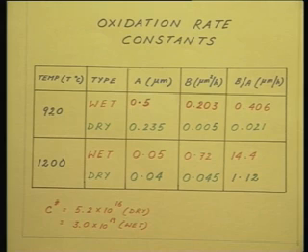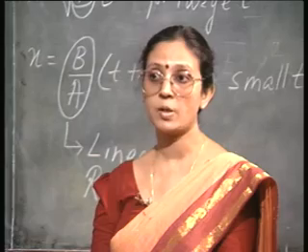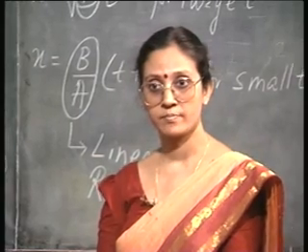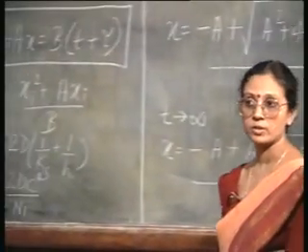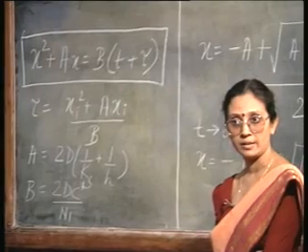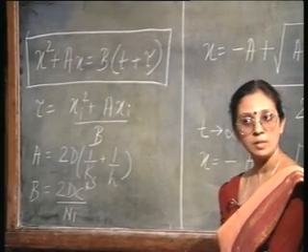Remember, I am giving these values only at a particular temperature. At a given temperature, the equilibrium concentration for dry oxide is more than 3 orders of magnitude less compared to the wet oxidation. About 3 orders of magnitude less, right? 10 power 16 in one case and 10 power 19 in the other case. So, obviously, it stands to reason that B in case of wet oxidation will be much higher, and therefore, B by A will also be much higher.